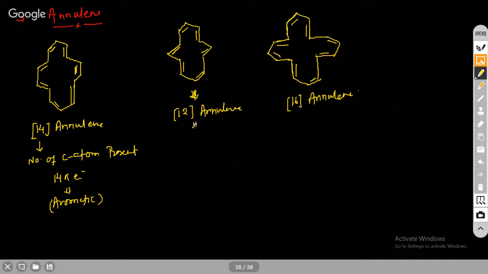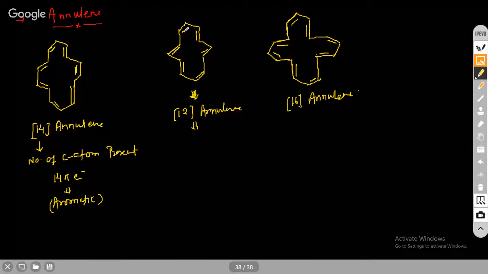Number of pi electrons here, 1, 2, 3, 4, 5, 6. So it has 12 pi electrons, right? So this one is anti-aromatic, 4n pi. This one has 1, 2, 3, 4, 5, 6, 7, 8.